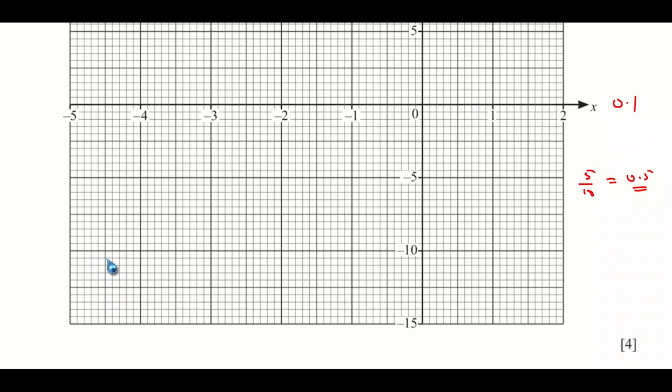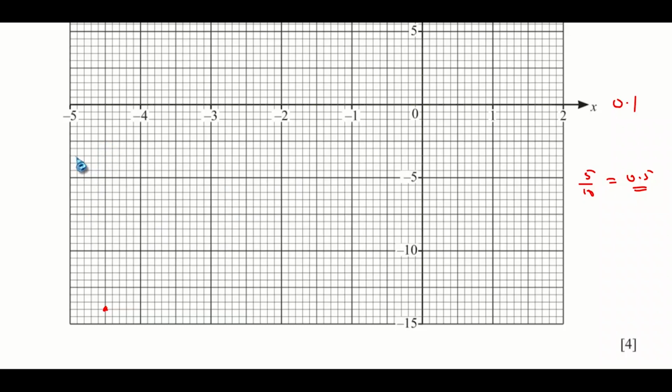If you have 1, 2, 3, 4, 5, so this is 10, let's count 1, 2, that will be 11, 1, 2, that will be 12, 1, 2, that will be 13, 1, 2, that will be 14. So we need 14.1. The next one is going to be 15, so you can just take a point a little bit down there. So that will be the point there.